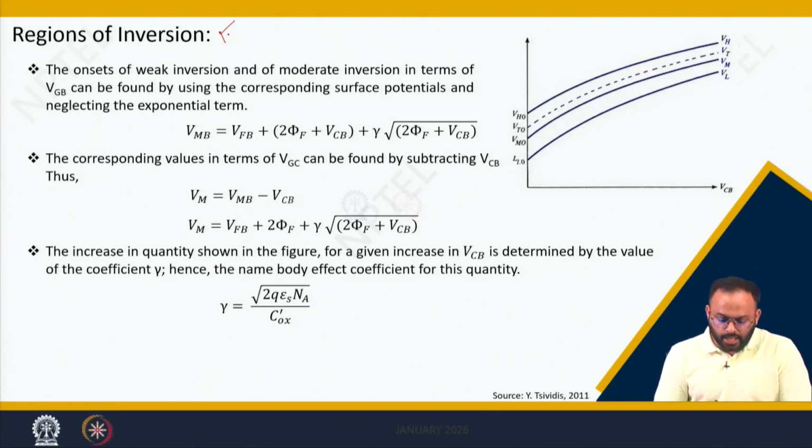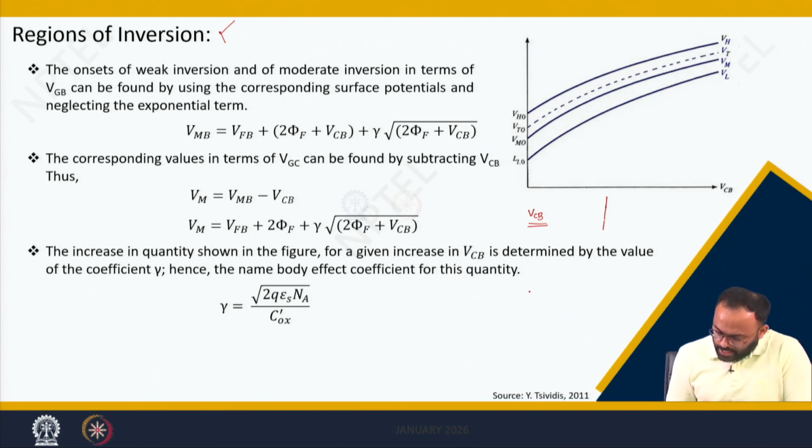We have said that when we increase VCB, ultimately your channel charge goes from strong inversion to moderate inversion to weak inversion. Ultimately the increase in VCB weakens your strong inversion.